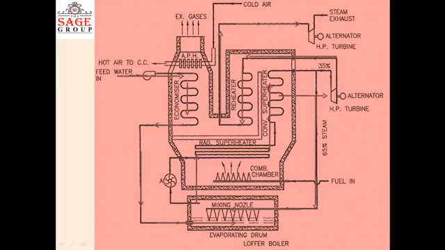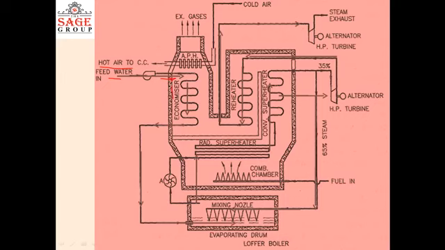Here you can see this is the feed water, which will come from the hot well, and this water will pass through this passage and through the economizer section.